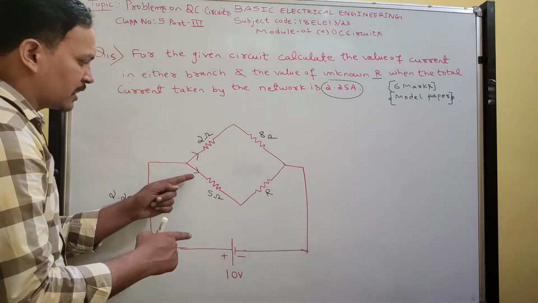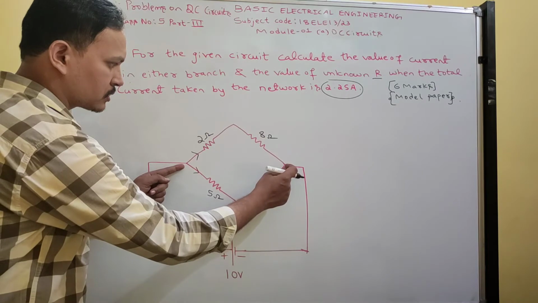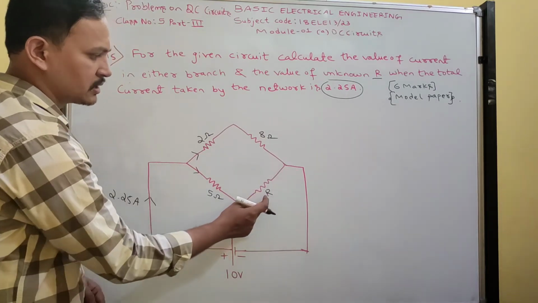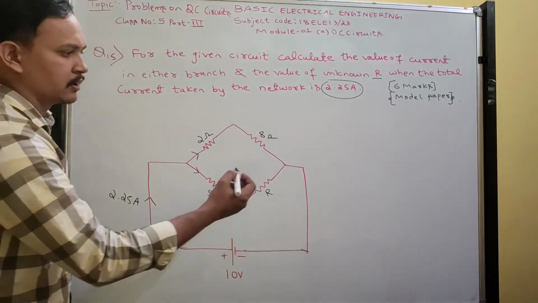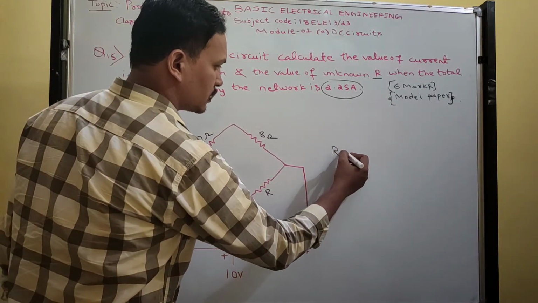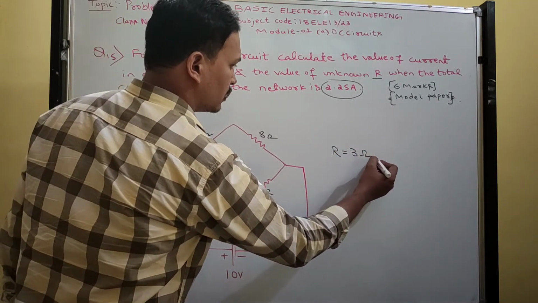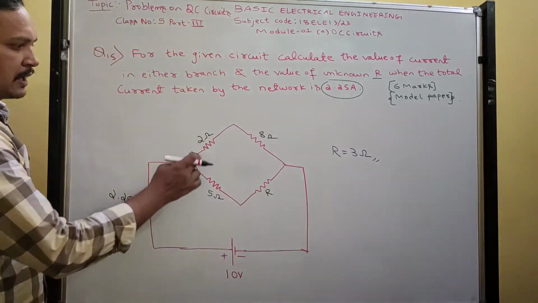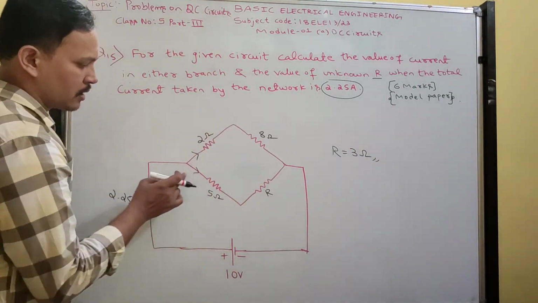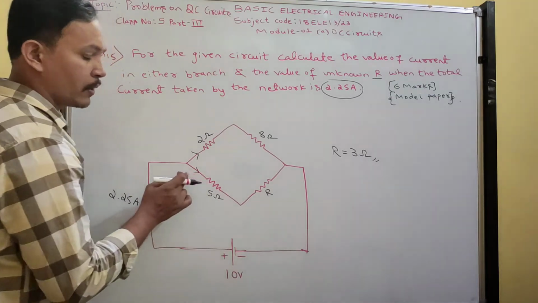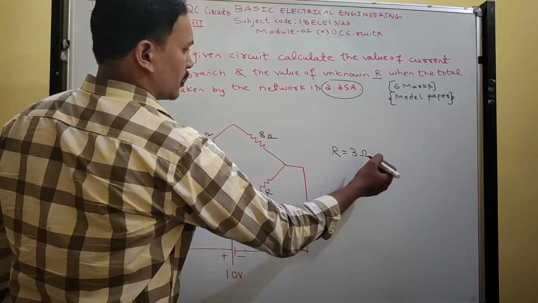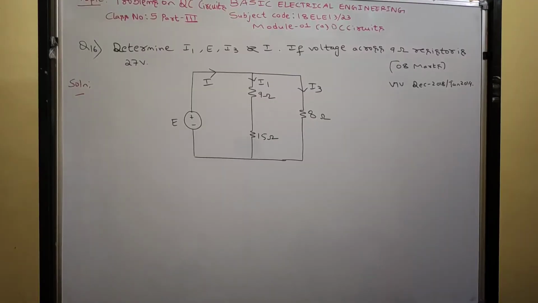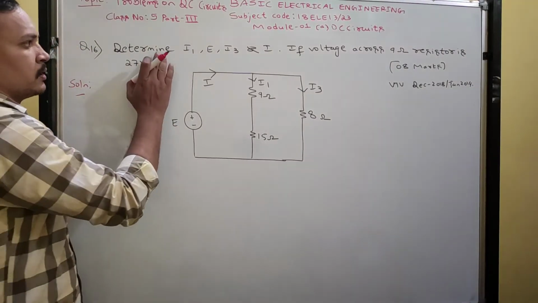Once I know this current value and the voltage across this particular branch, I can easily find the unknown resistance. So this part is 5 plus R. Solve this and you will get the R value of 3 ohms. The current in this branch is 1 ampere. The current in this branch is 1.25 ampere.